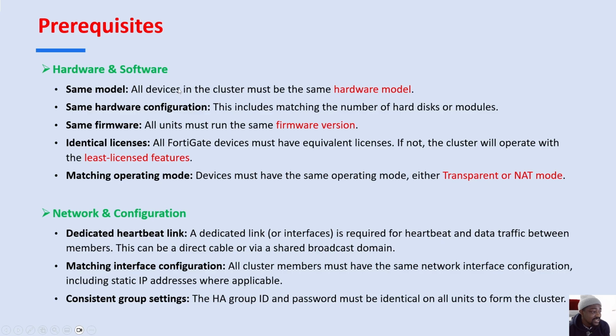So if you are using a FortiGate 60F or any other model, you need to make sure you have the same model for all the FortiGate devices taking part in the HA cluster. The same hardware configuration, meaning the same number of interfaces, same number of hard disks or hard disk modules, and so on. So physically, they need to have the same hardware configuration. Also, the same level of firmware.